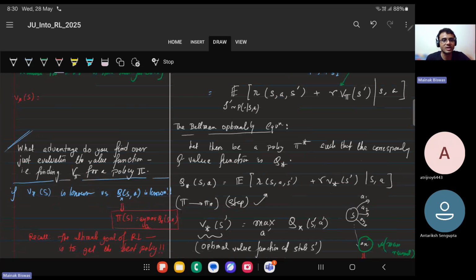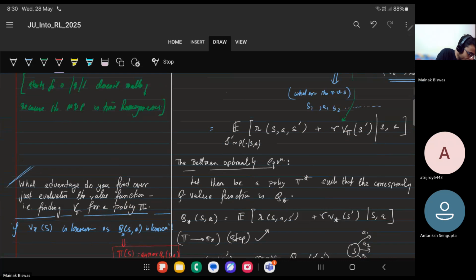that I have over here. If I have to choose actions, so from V star of S, if I have to get pi star of S, what should I do?